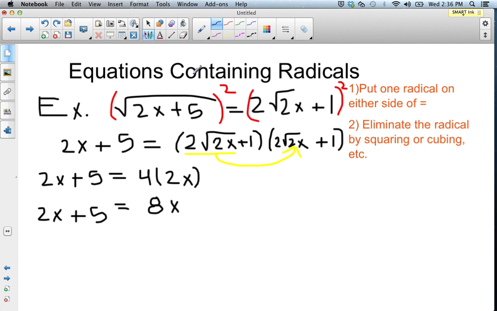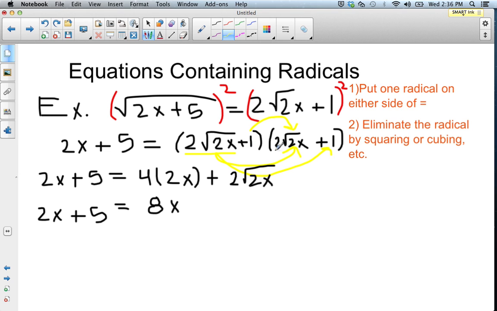Now we have to keep going. So I'm going to take this and multiply it into here. Well, 2 square root 2x times 1 is just itself. Anything times 1 is itself. So we get 2 square root 2x. Now let's take our second term, the 1, and we're going to multiply it in also.